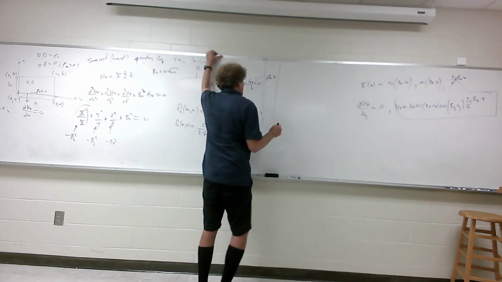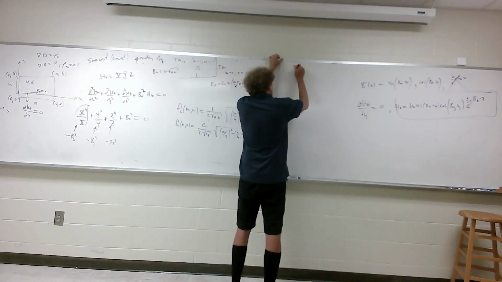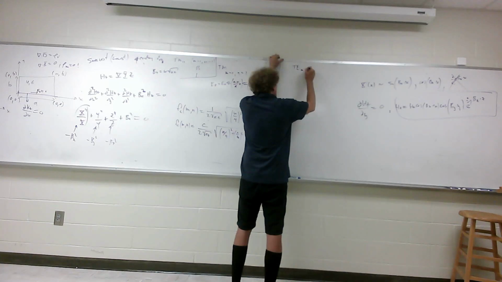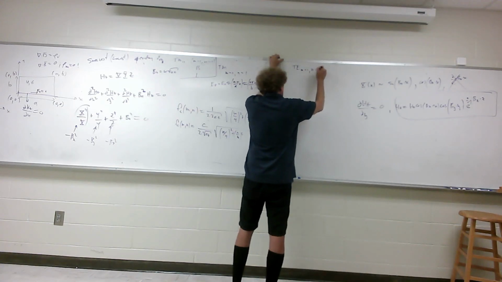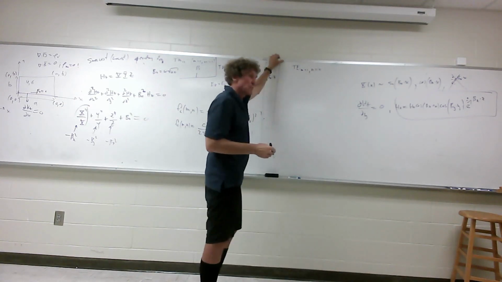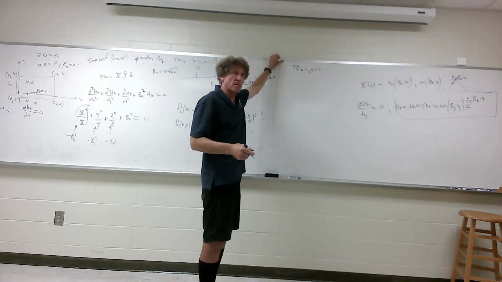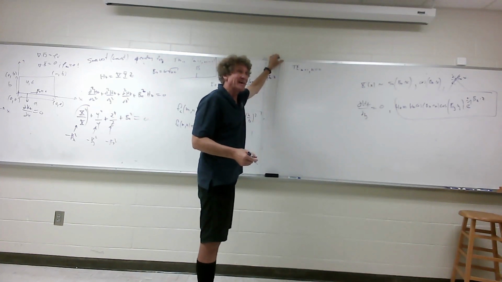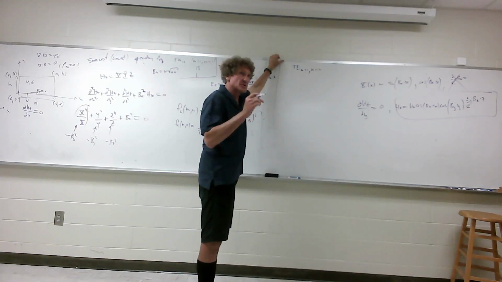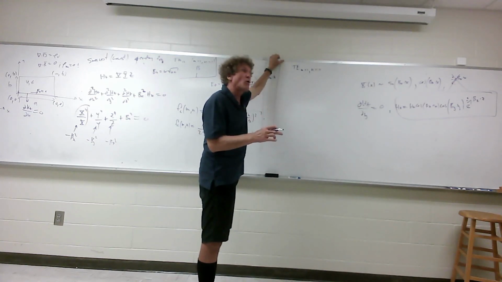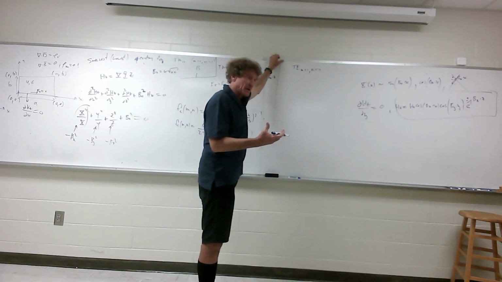That is for TM. For TE modes, the lowest possible mode is going to be M equal 1, N equals 0. This is the lowest possible mode, the lowest frequency to propagate. You might want to write down, that's the one that all rectangular waveguides are designed to allow to propagate. All the other ones will be prevented. So the waveguide's dimensions are limited by the allowable frequency you want to propagate.